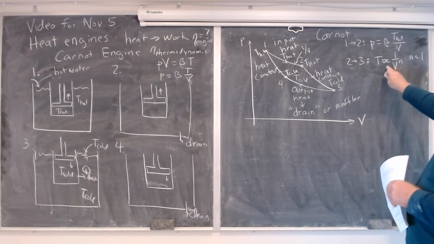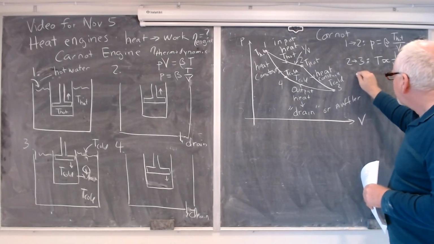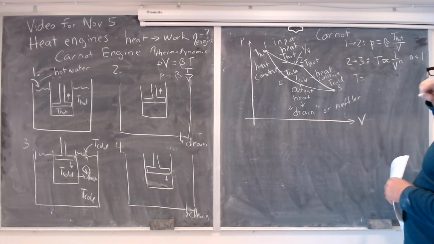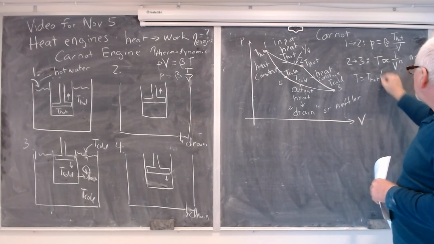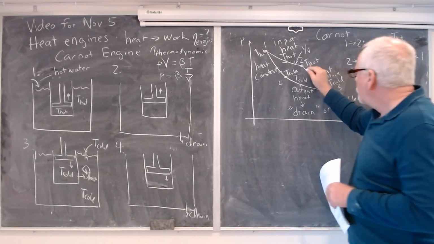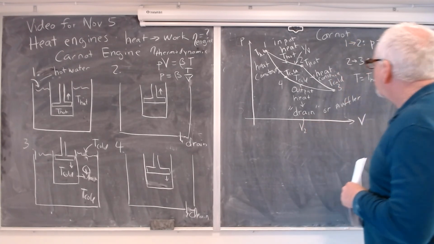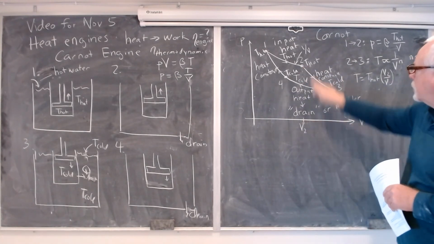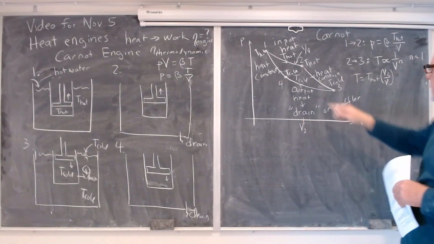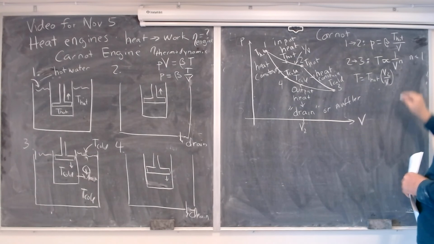But basically, if it's proportional to 1 over V to the n, I can just look at it and write down that the temperature is equal to T hot times V2 over V, where that's V2. Now, why is that true? Because at V2, the temperature is T hot, okay? And so it all works, right? I know it goes as 1 over V, and I know it's T hot at V2.